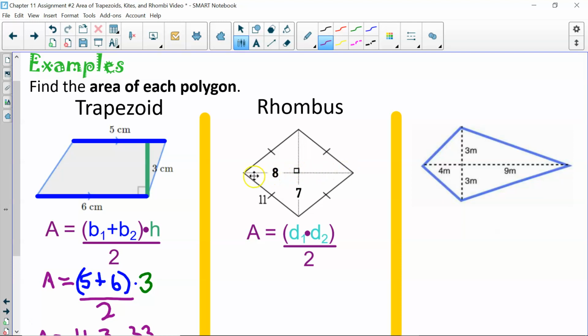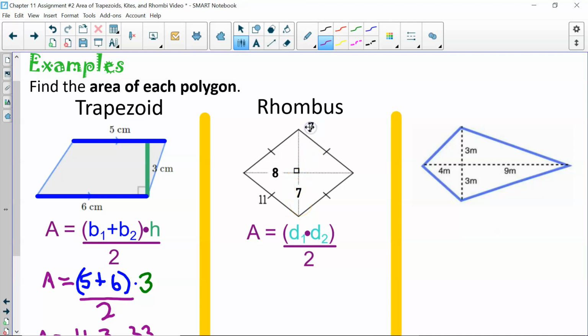So in this diagram, my horizontal diagonal, just the left hand side of it, is marked as 8. And my vertical diagonal, just the bottom portion, is marked as 7.